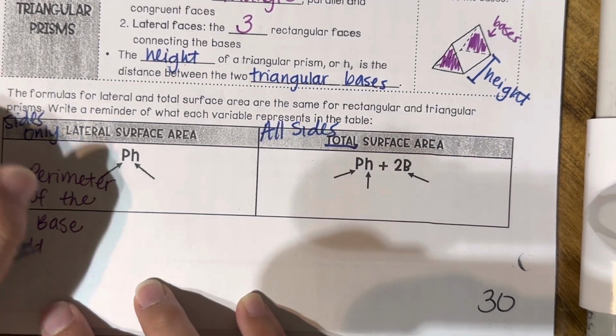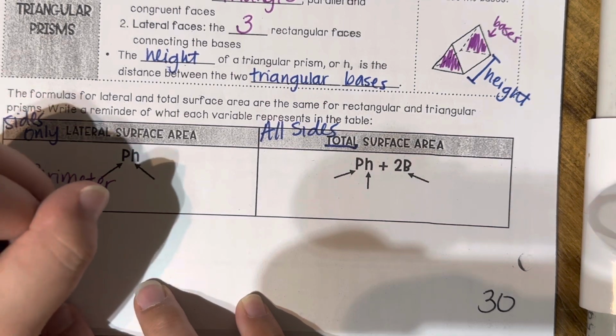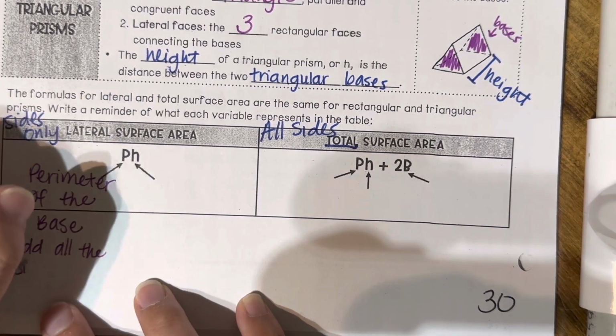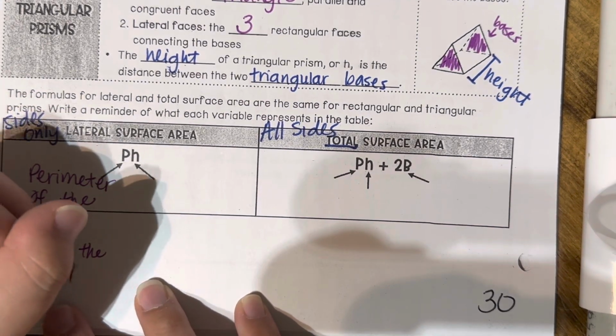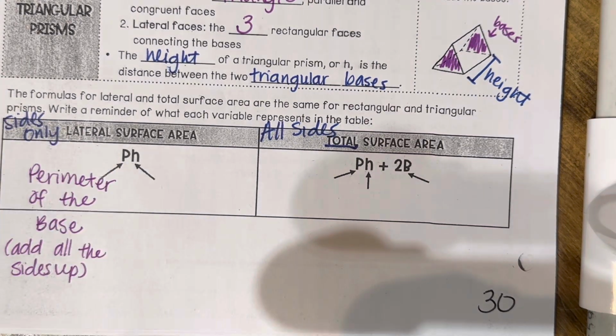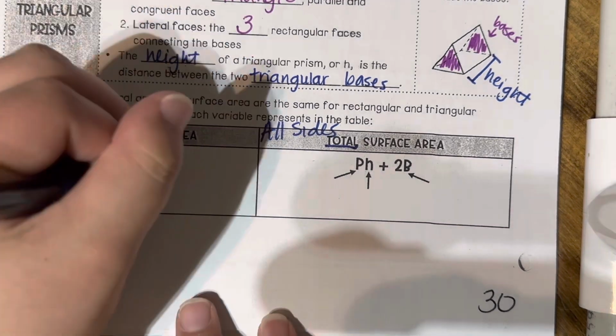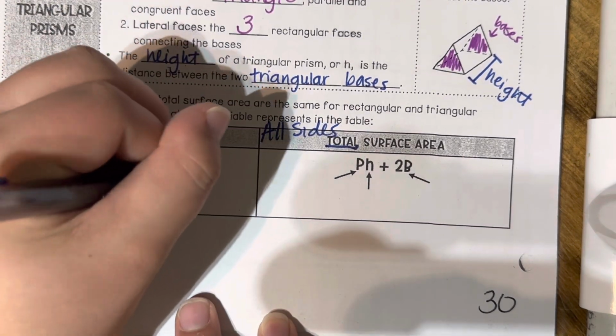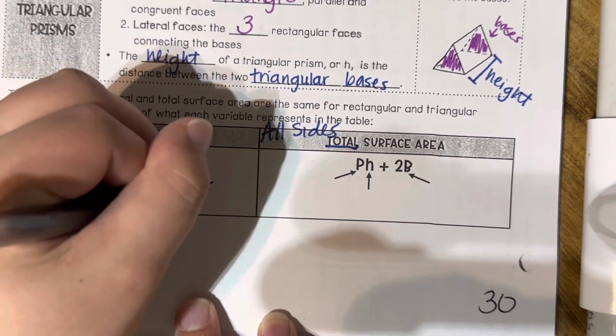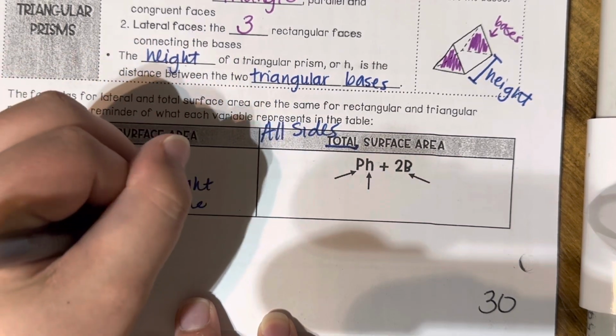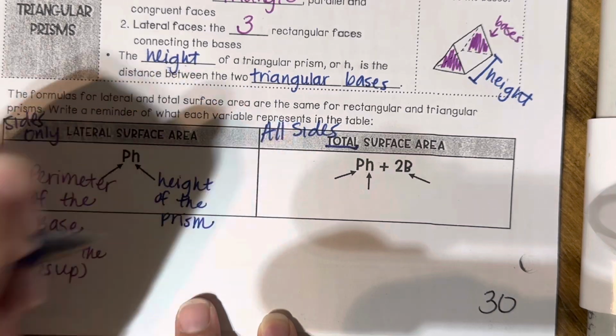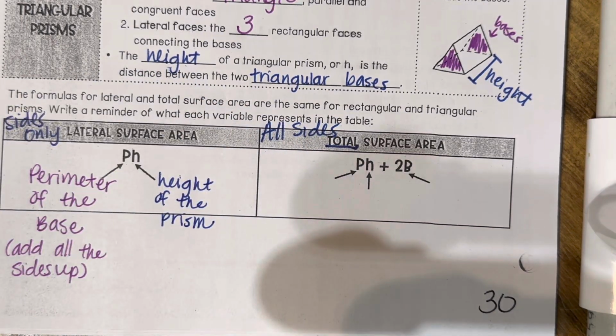You add all the sides up. That's how you find perimeter. You just add up all the sides of that base. Then my h is the height of the prism.